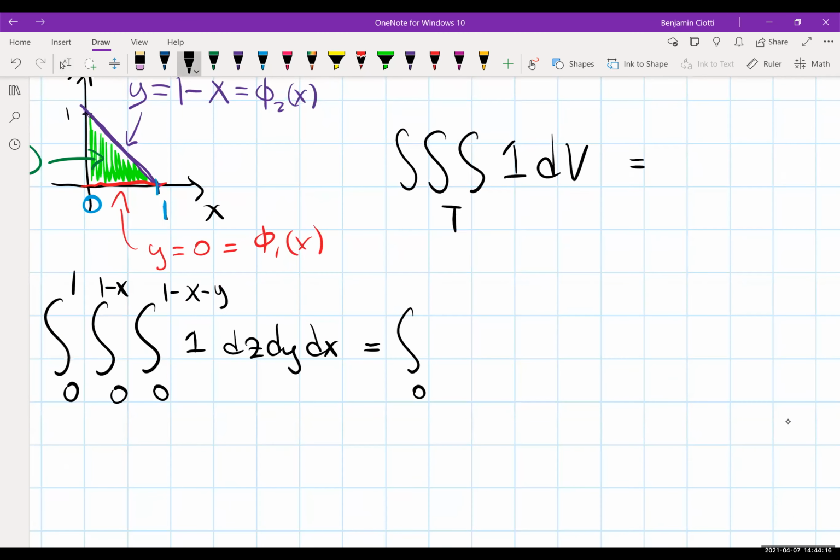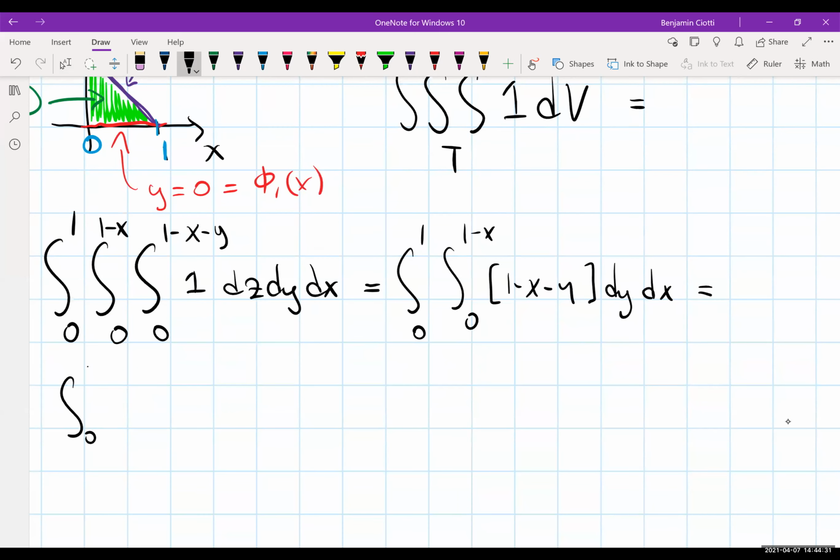So, okay, let's see. This is 0 to 1, 0 to 1 minus x. This integral right here will just give us 1 minus x minus y. Get 0 to 1. Okay, let's see. This is going to be 1 minus x times y minus 1/2 y squared from y equals 0 to 1 minus x.